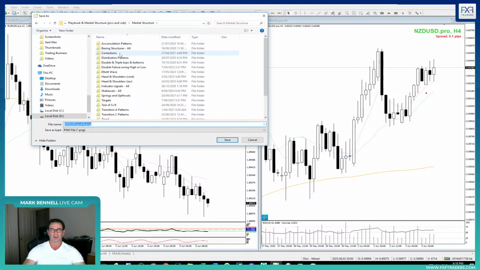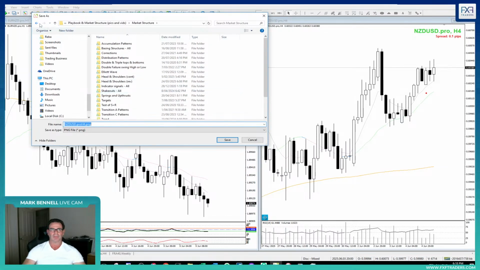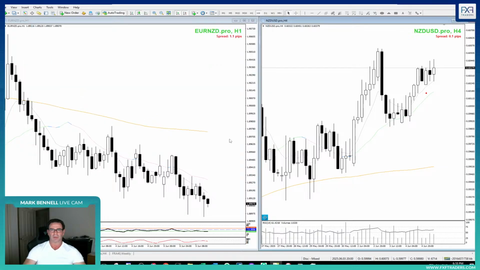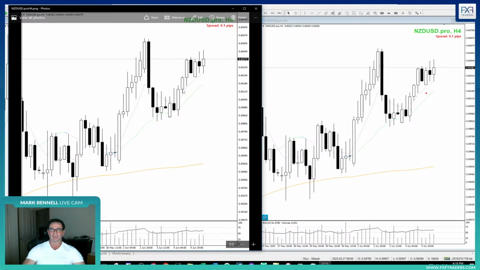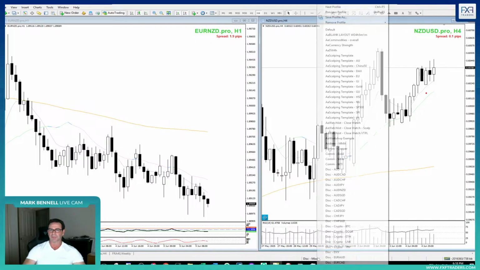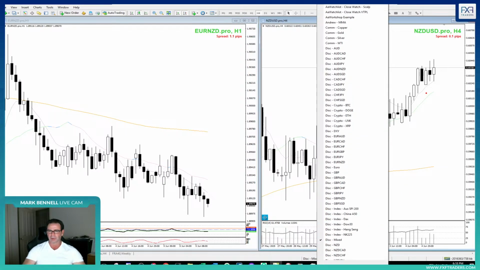Come on. Back up. Setups, there we go. IO. There we go. All right, copied. So one to look at later on when you're sitting in the doctor's office or somewhere waiting for a train or a bus or something. Right, so that's New Zealand dollar.